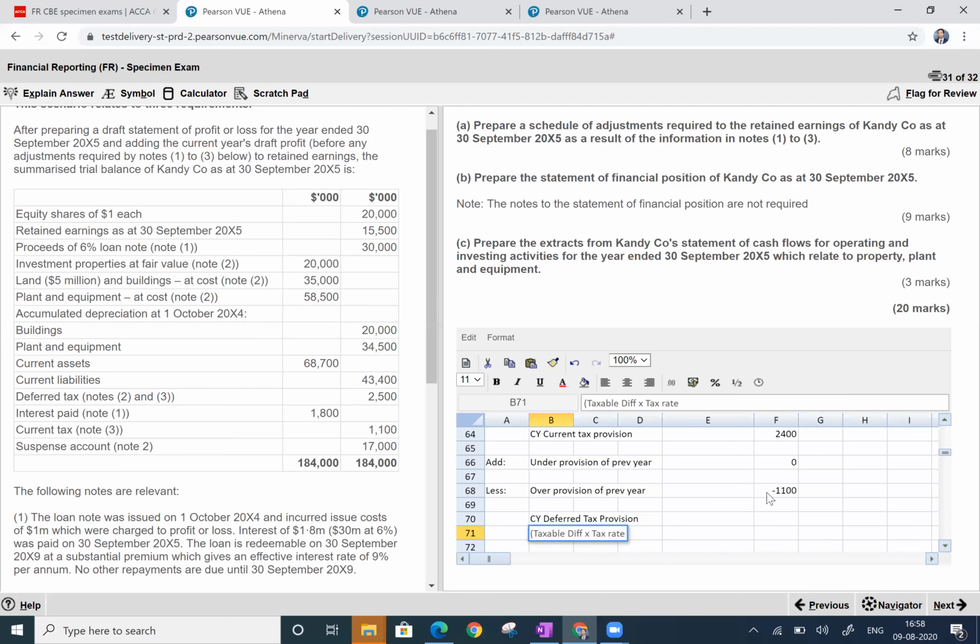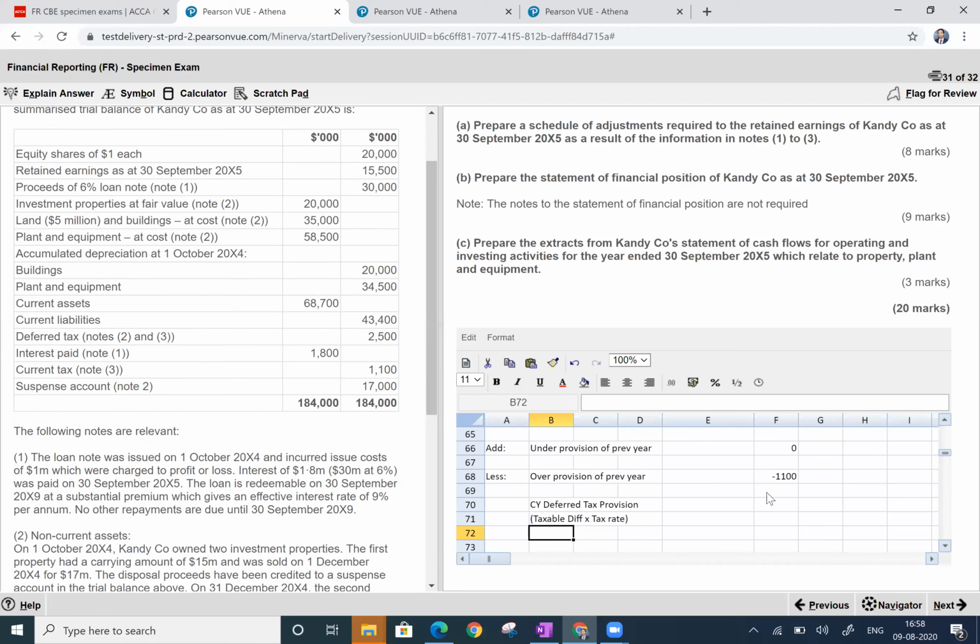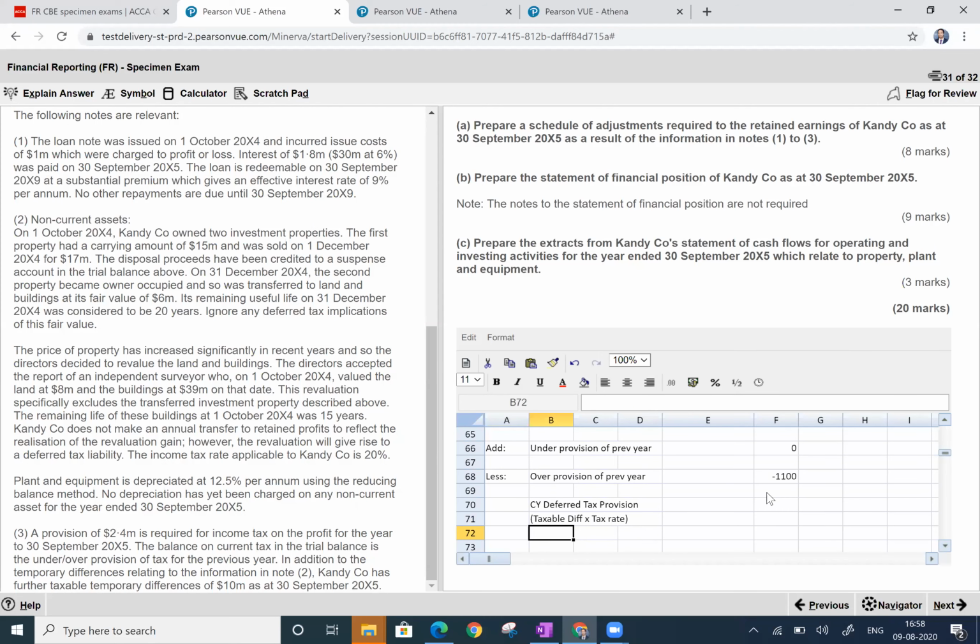The question clearly stated that in addition to temporary difference related to information number 2, that is revaluation surplus, Candy has a further difference of 10,000. So 10,000 multiplied by 20%.